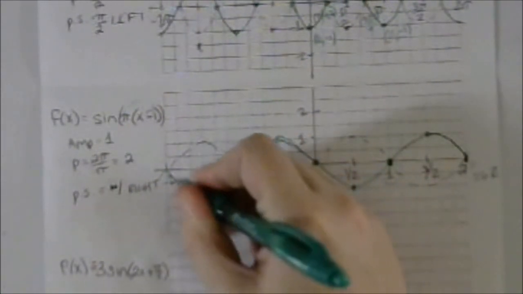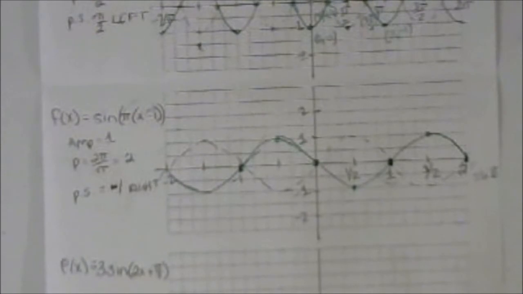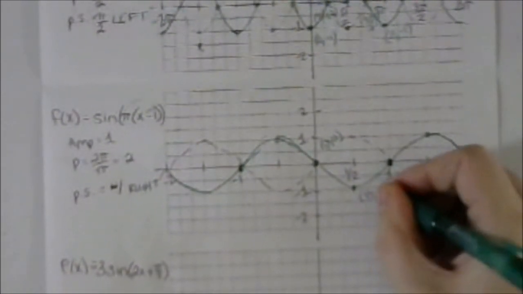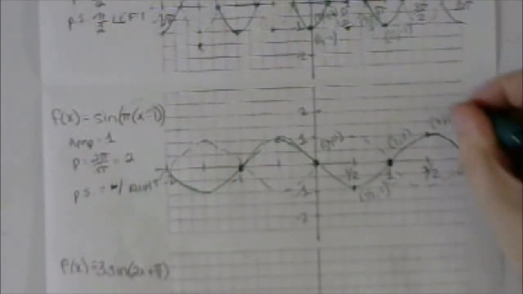And then I'm out of points, but at this point, I know what the sine curve is supposed to look like. Label 5 critical values: 0, 0, 1/2 -1, 1, 0, 3/2 1, and 2, 0. And I've completed my graph.